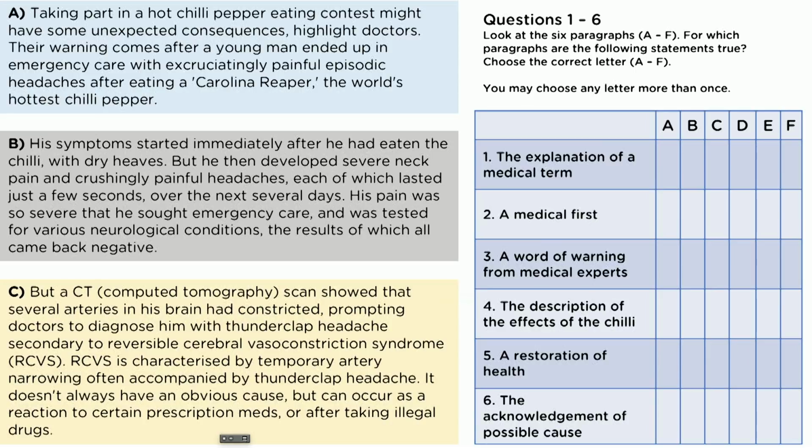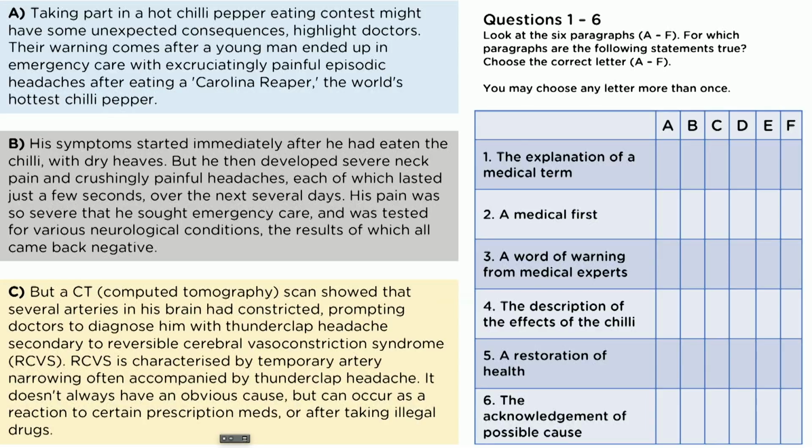Okay. So, the way that you want to look at this is you want to read paragraph A, okay? Paragraph A says, taking part in a hot chili pepper eating contest might have some unexpected consequences. Doctors warn, after a young man ended up in emergency care with excruciatingly painful episodic headaches after eating a Carolina Reaper, the world's hottest chili pepper.